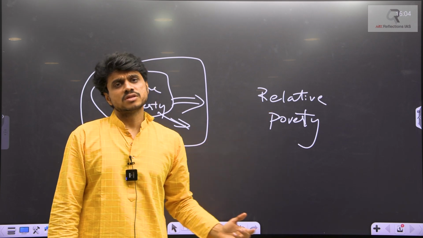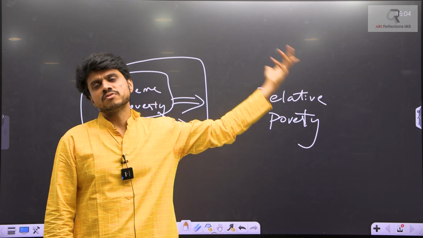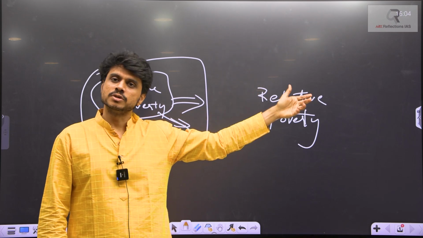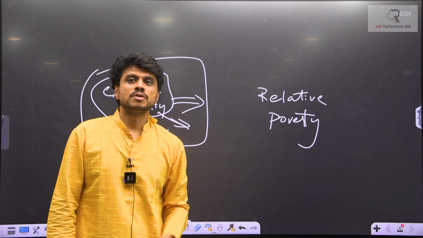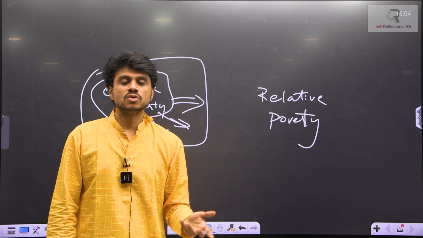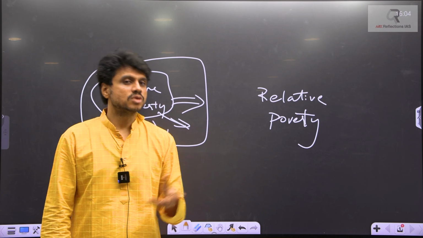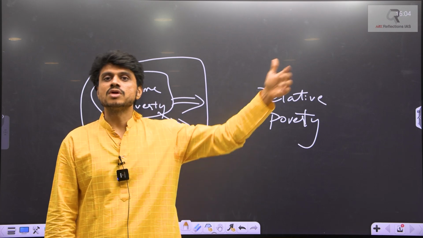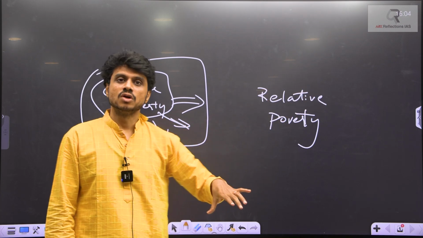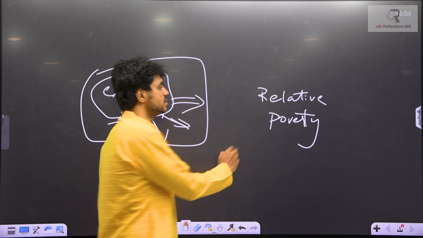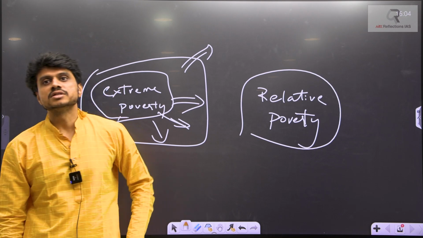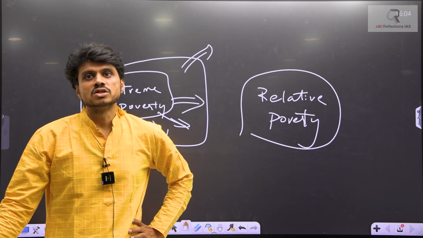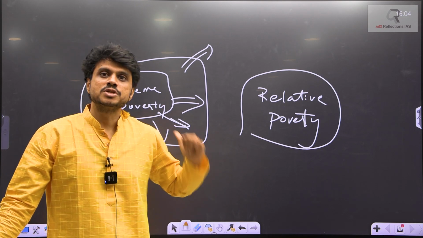Relative poverty means one person is earning somewhere 2 lakhs, 3 lakhs, 1 lakh per month, and some other person is earning maybe 5,000 per month, 7,000 per month. So for you, the basic living is not a problem, but in relation to the other person, you are considered to be poor. Generally in the developed countries, you will see this kind of scenario. But in countries like India, developing countries, and the least developed countries, you will find this problem of absolute poverty.